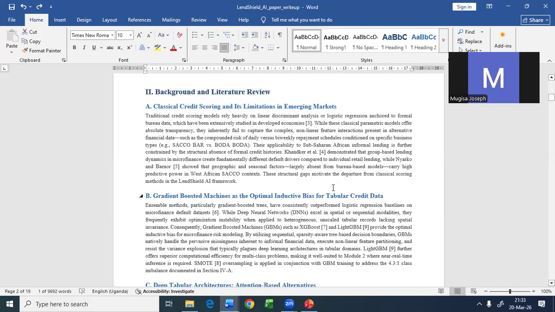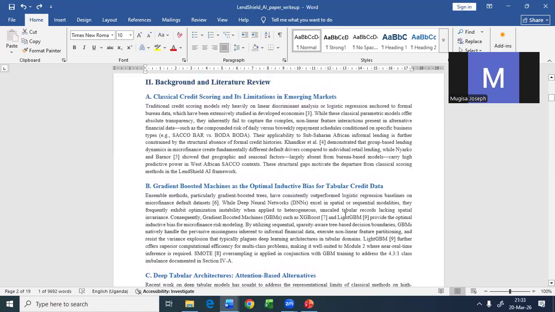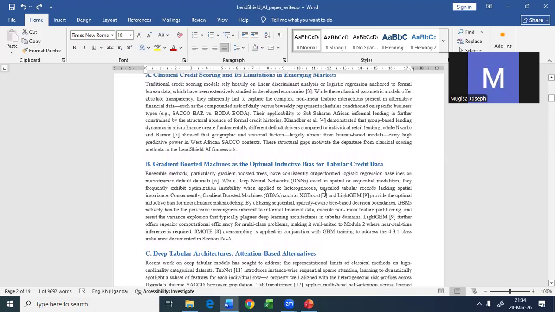We look at the background and the literature review. A lot of work has been done in this area. We have classical credit scoring and its limitations in the current market. In the Western world, a lot of work has been done using logistic regression, but it works well with bureau data.